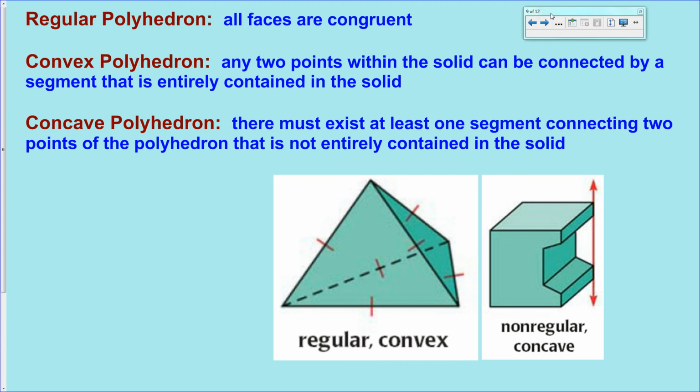Convex polyhedron, very similar to a convex polygon, where if you connect any two points in or on the solid with a segment, that segment will be contained entirely within the solid. Conversely, the opposite of that would be a concave polyhedron, where you can draw at least one segment where there's some daylight showing between the shape and the line that was drawn between two points.